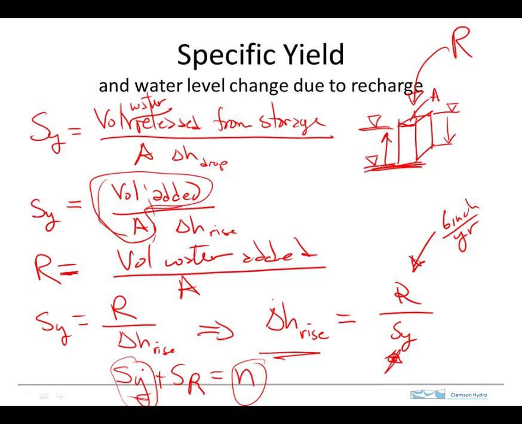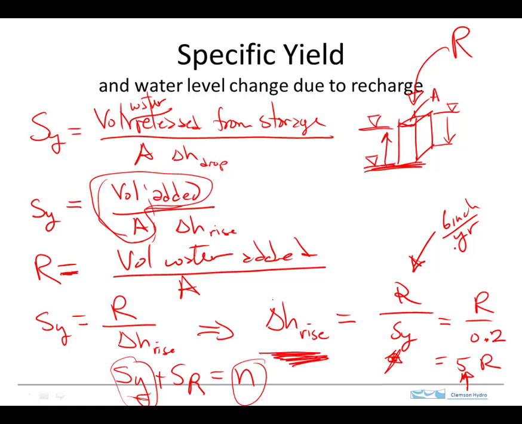So let's just say, if the specific yield were equal to, say, 0.2, then we would have a situation like this where this is 0.2, and that would be 5R. So the change in the water level would be 5 times greater than the recharge.